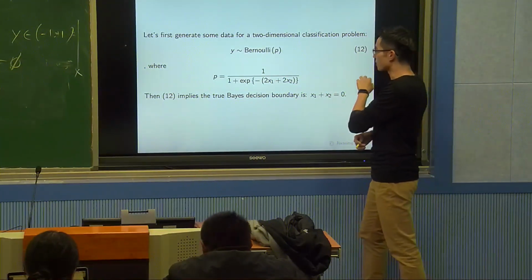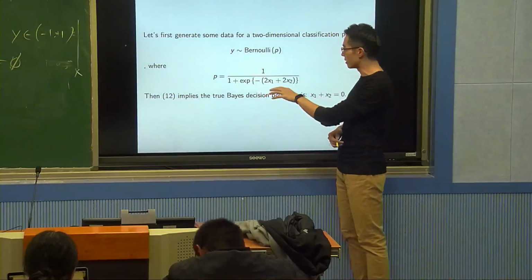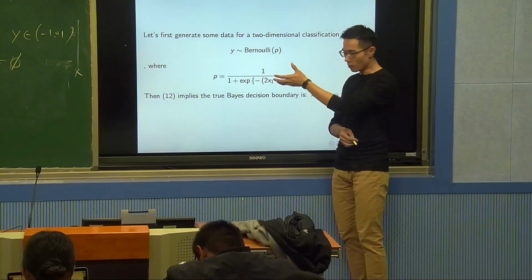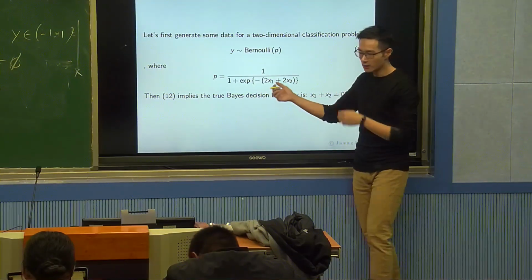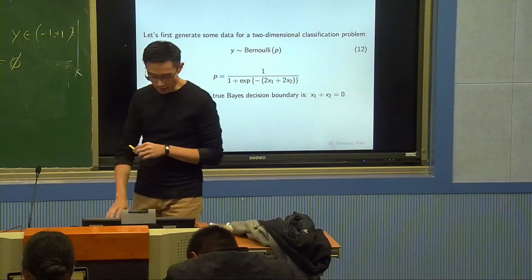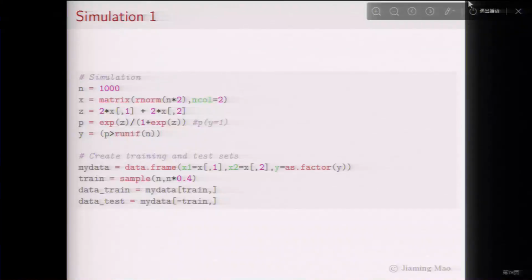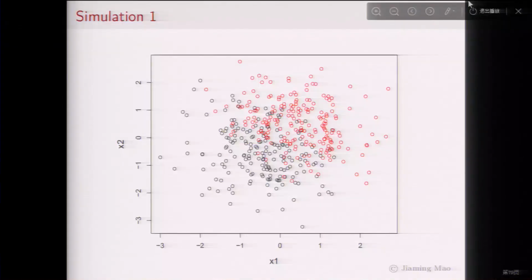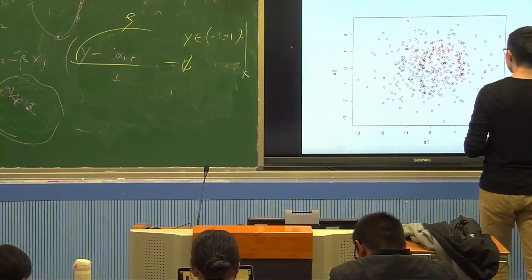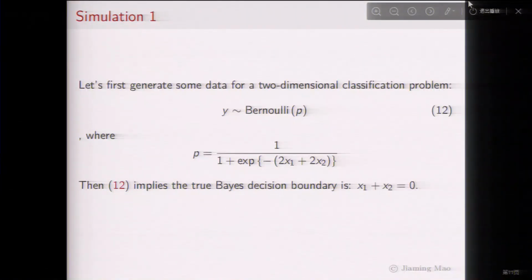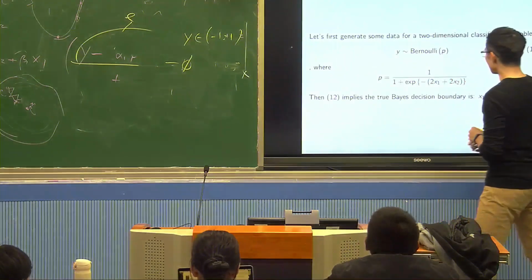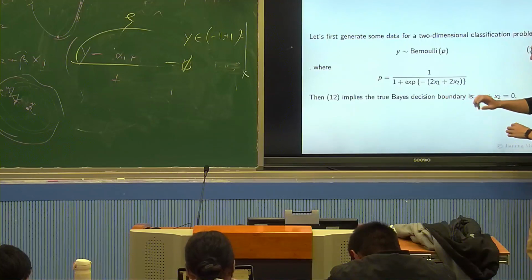The underlying setup is that Y is a Bernoulli 0, 1, and the underlying p has this expression. So that gives us a 0, 1 kind of boundary, the true boundary. Now, because I'm running out of time, I'm going to speak fast.